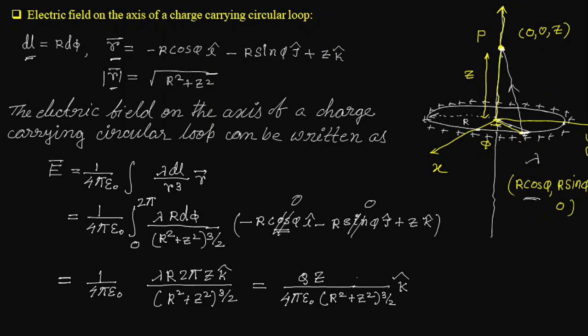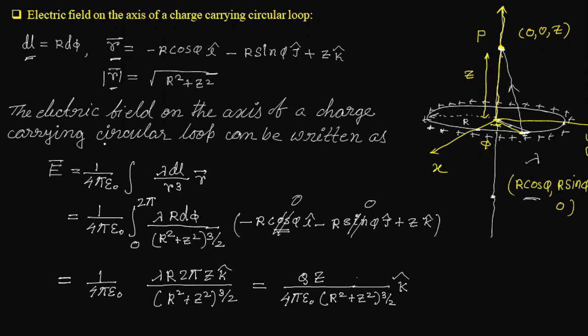If the point is above the loop and the source charge is positive, then it will be in the upward direction, so we'll write plus k cap. If we consider a point below, then this electric field will be downward, so we'll write minus k cap. But the magnitude on both sides varies in the same way, as the same function of z.